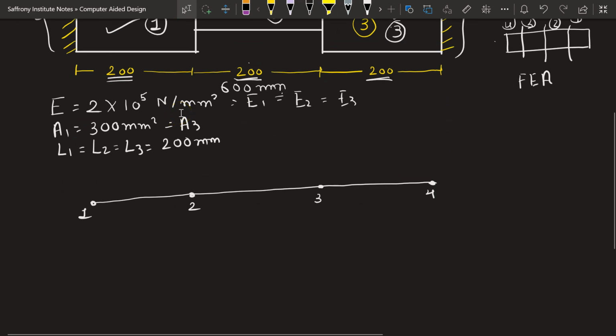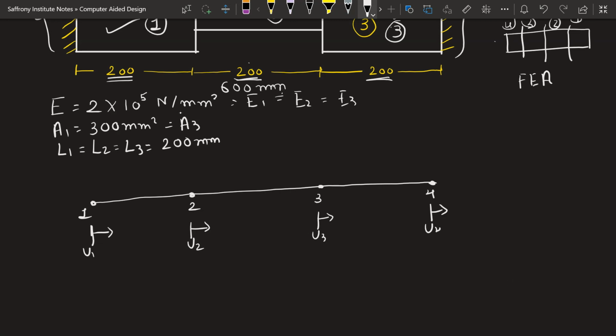Now let us say that the displacement of this node in this direction is u1. The displacement of this node will be u2, similarly the displacement of this node will be u3, and u4. The stress produced in these elements will be sigma 1, sigma 2, sigma 3.